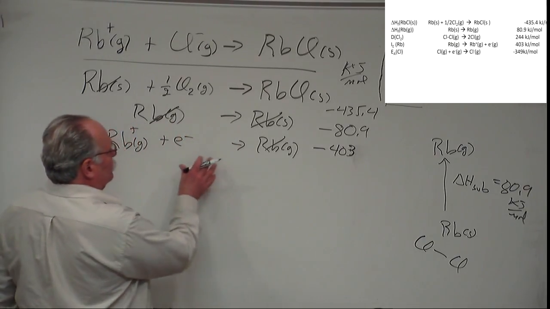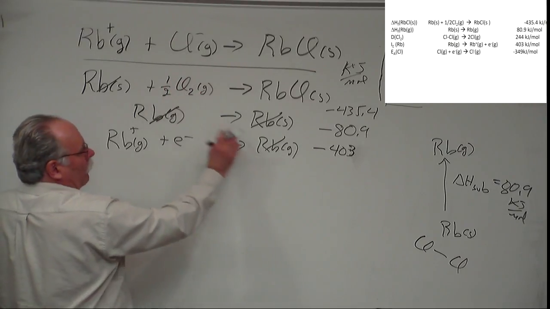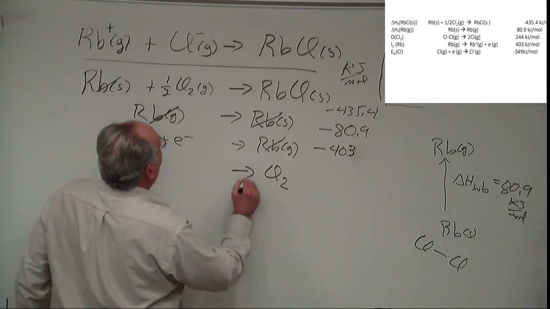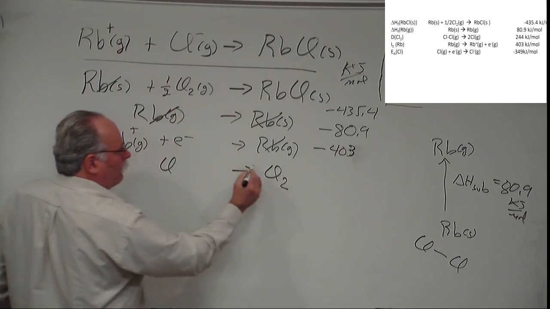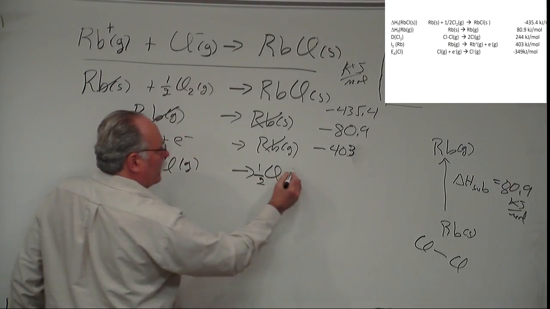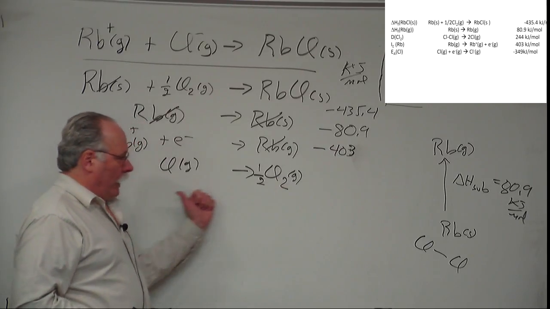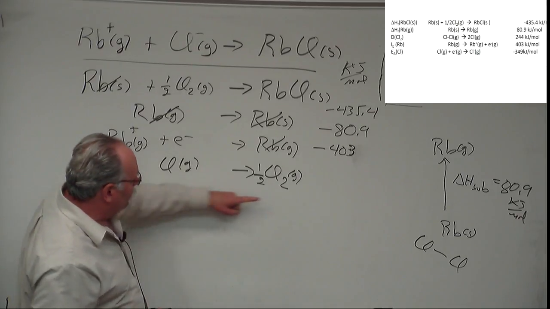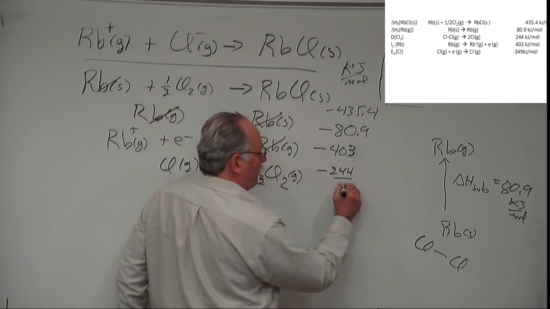Okay, so let's look at it. I want the Cl2 on this side, so I have Cl2 here, and now I want a Cl, but I don't want 2 Cls, I only want 1, so I have a half of Cl2 here. And these are gases, okay? And so if going this way was 244 divided by 2, going this way is a minus 244 over 2.